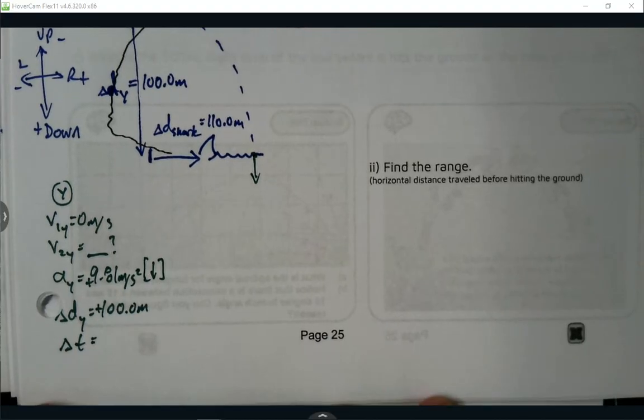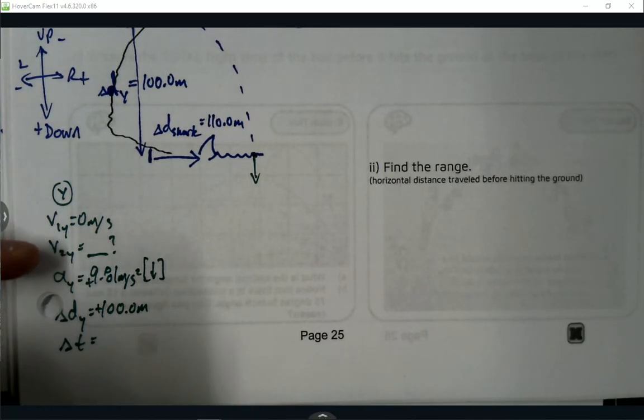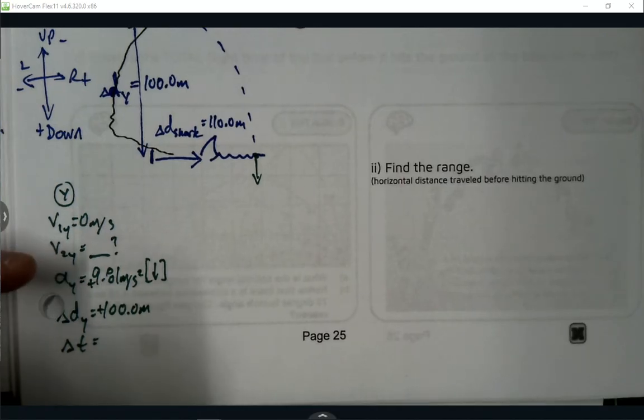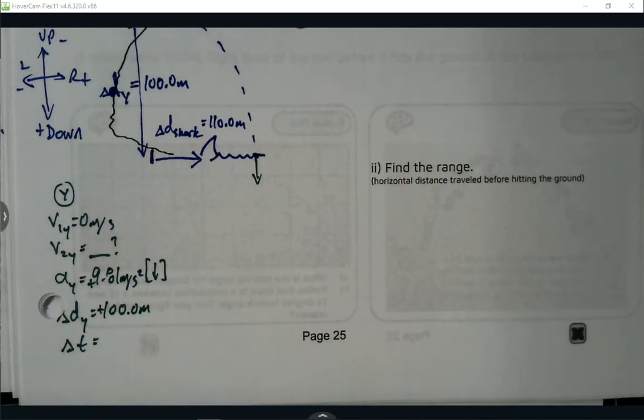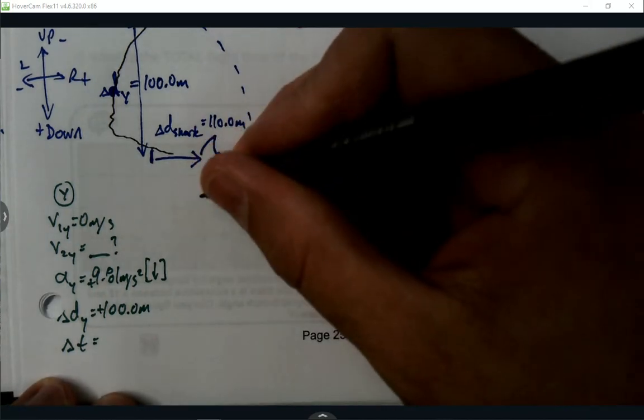As I write this out, V1, V2, acceleration, delta d, delta t, that's kind of my inventory, right? I haven't written out V average because that would be composed of V1, V2, and delta t. I haven't written out delta V because that would be composed of V1 and V2. This is my bare bones inventory, all my y information.